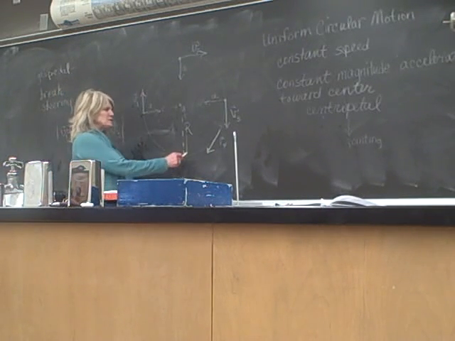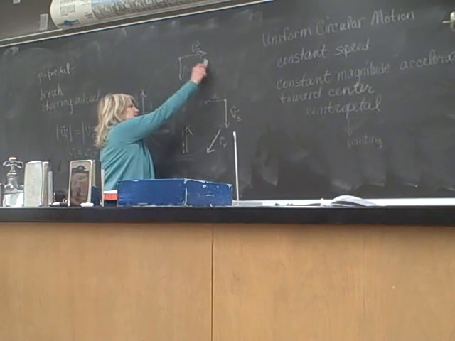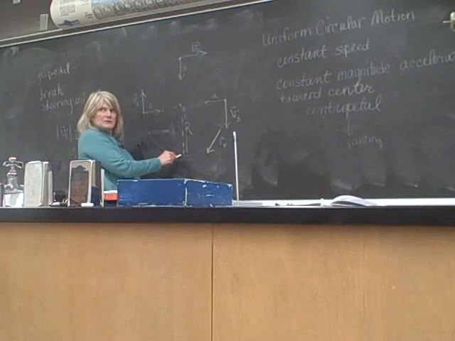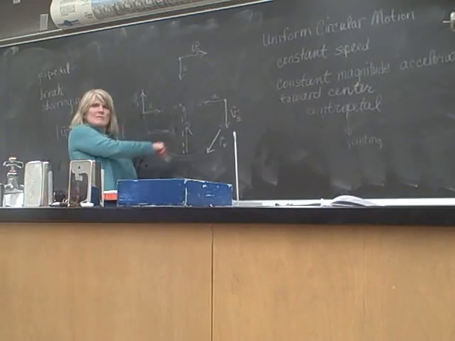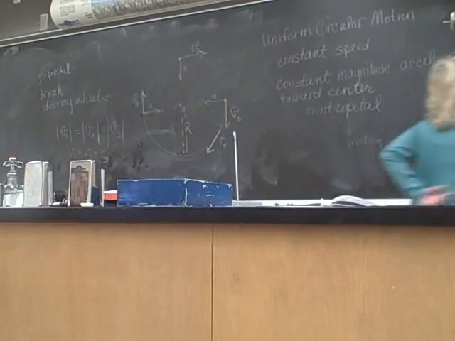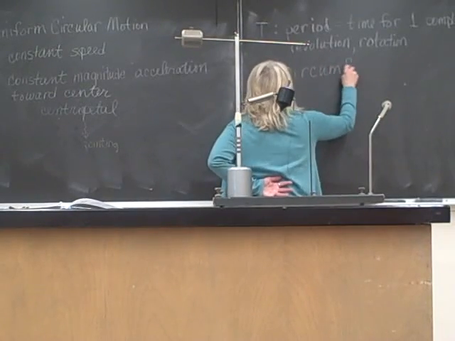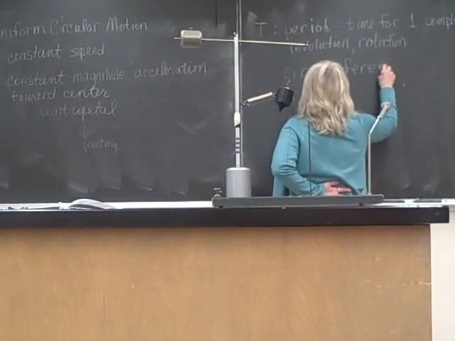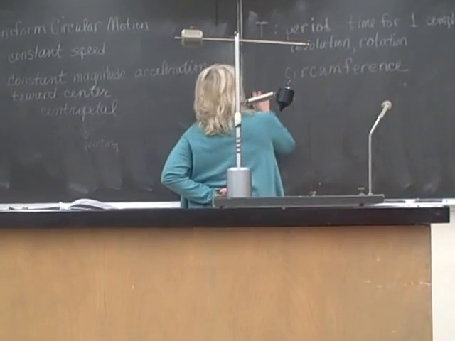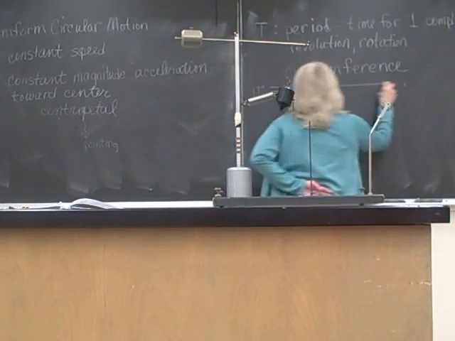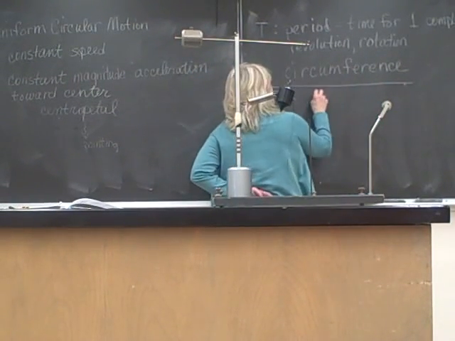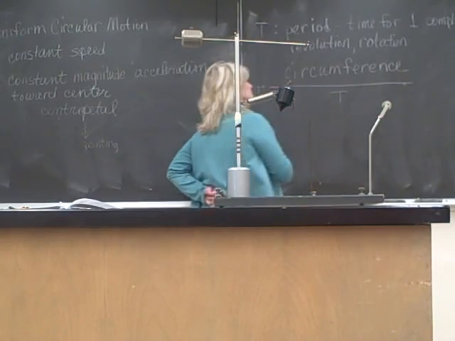Do you remember from the very first lab? What's this distance around called? Circumference. And the circumference, 2 pi r. So the V is equal to the circumference of the circle divided by the period.